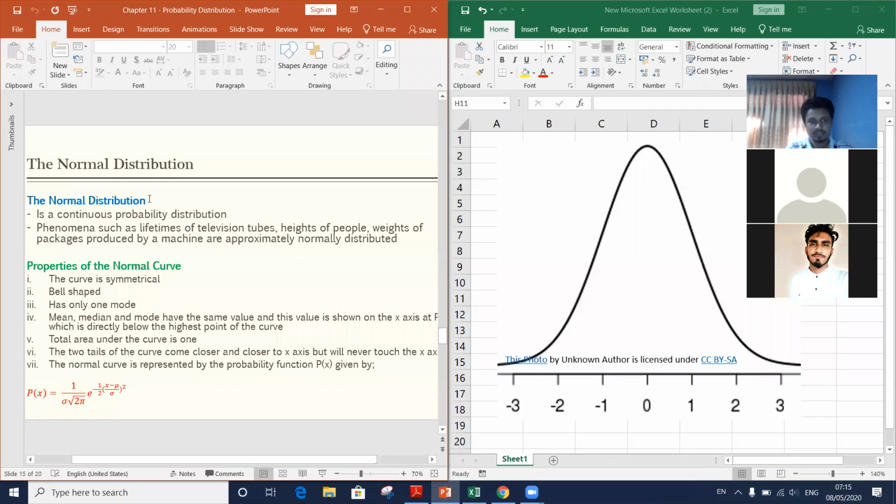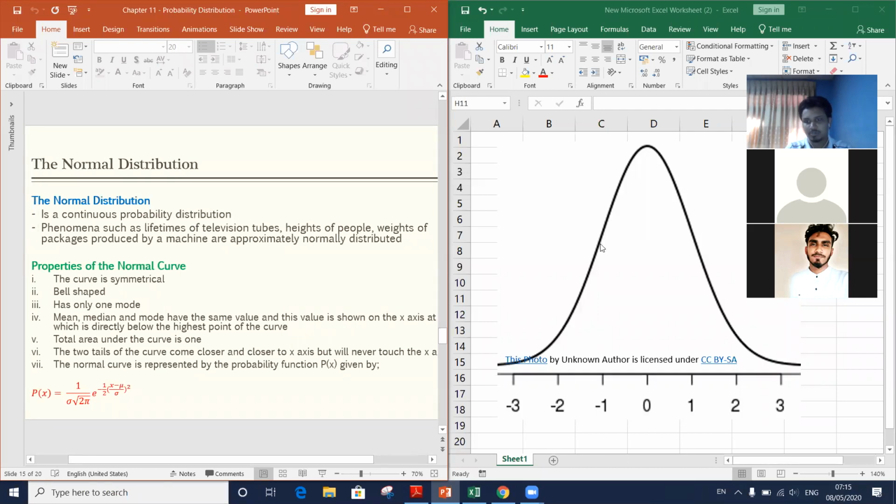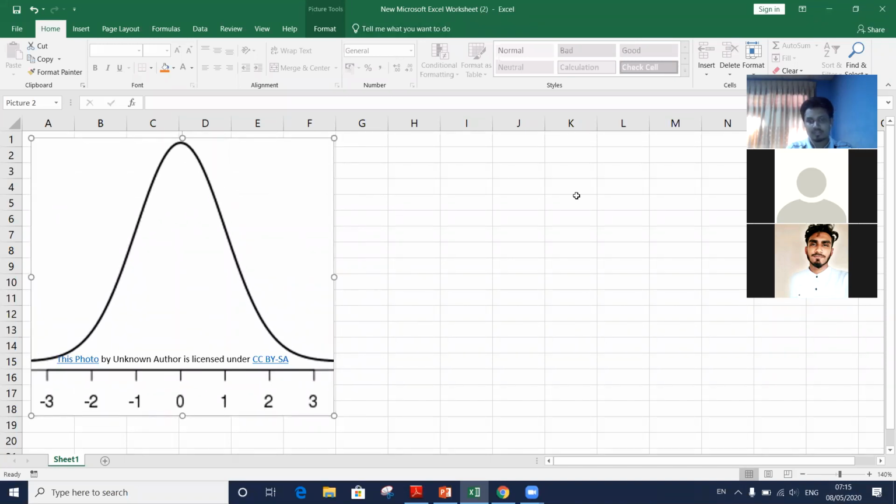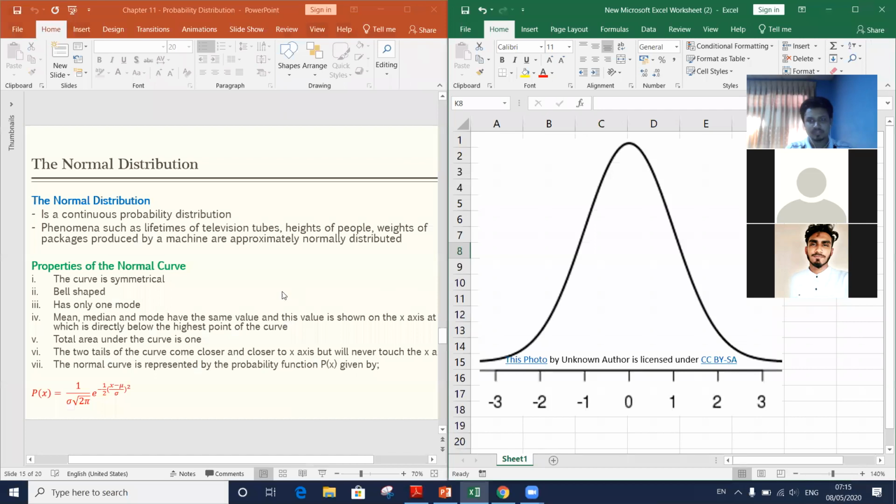If it is a normal distribution, the distribution should look like this. මෙන්න මේ shape එකේ distribution එකක් වෙන්න ඕන. Right. What can you say about the properties of a normal curve? This is what you call a normal curve, right? මේ දවස්වල වැඩිපුර දකිනවා. Normal curve එකේ properties මොනවද?